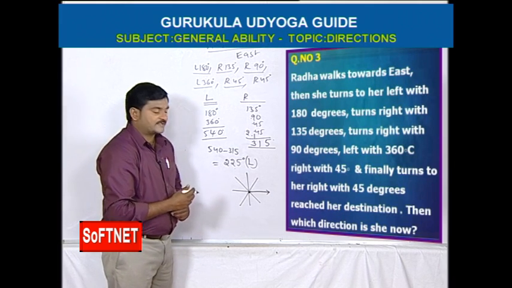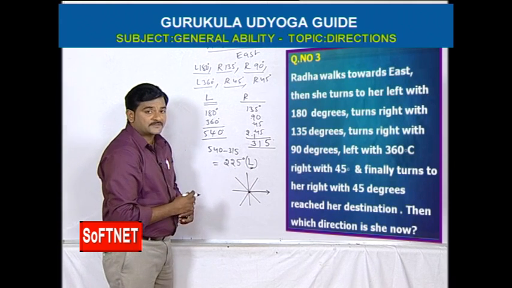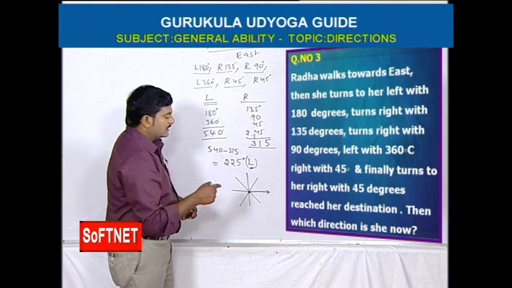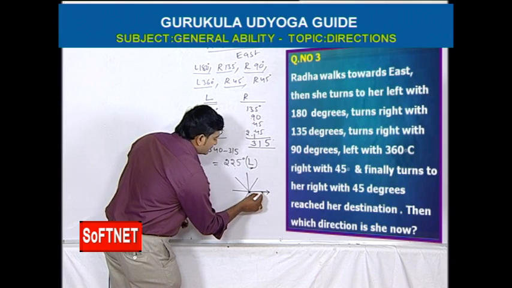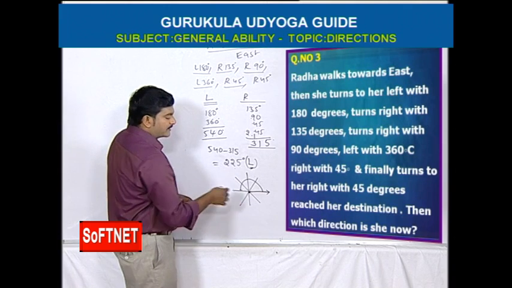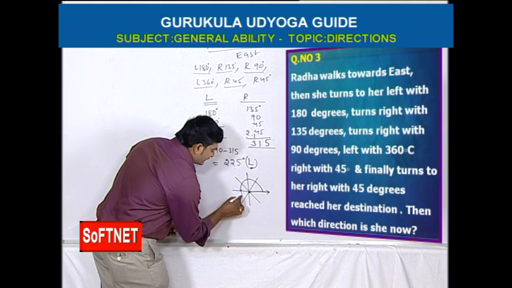From the left side, because the 225 degrees is left on the left side. That's why I am applying 225 degrees to her initial position, which is east. So observe here, I applied 180 degrees from the left side of her. Then I need to apply another 45 degrees.